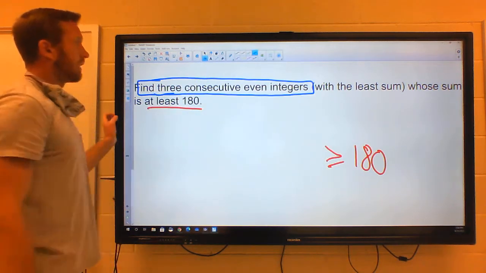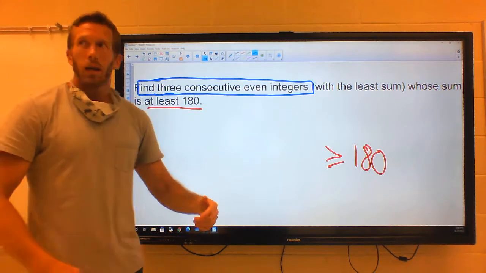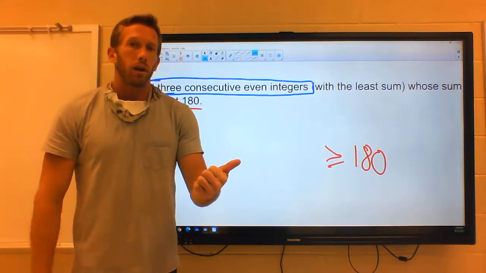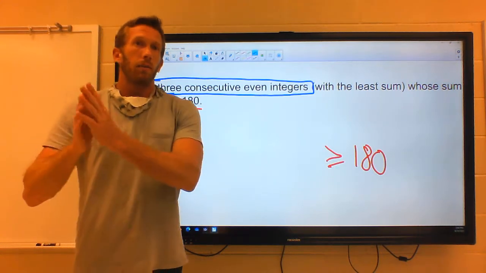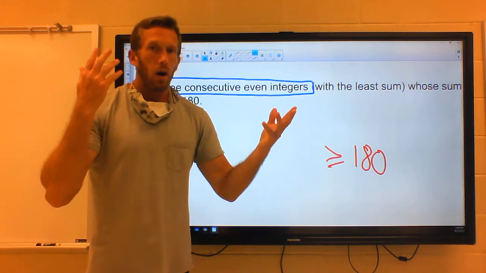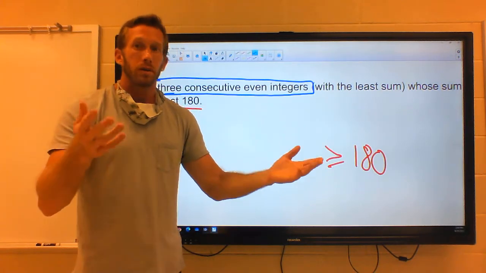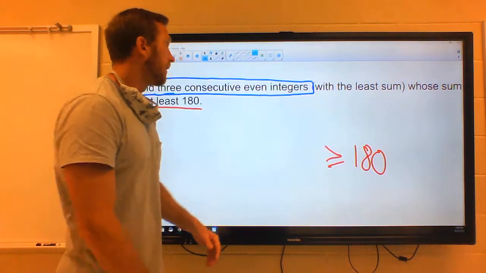However, the specific 3 that we're looking at, we need to be even integers, meaning 22, 24, and 26. Those are consecutive even. 36, 38, and 40. Okay? Think that through. 102, 104, 106. They're the very next even numbers. Okay?